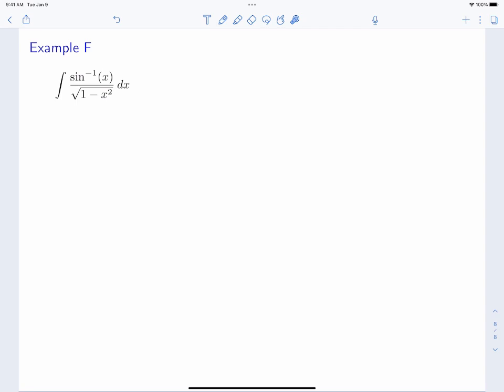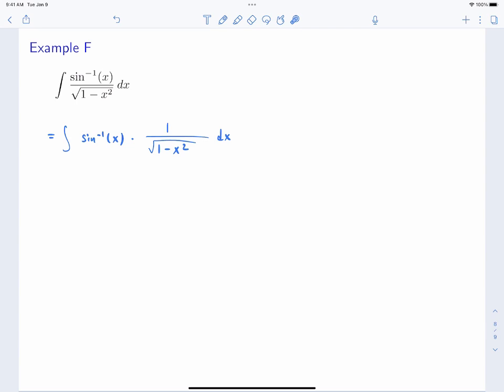And we want to use a substitution, and the substitution we're going to use actually is this inverse sine. Let me rewrite my integral so it looks a little bit more convenient for using a substitution. So I'm going to rewrite this as the integral of inverse sine of x, like that, times 1 over the square root of 1 minus x squared, and all of this has a dx at the end.